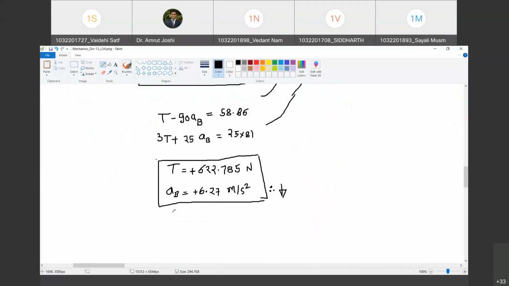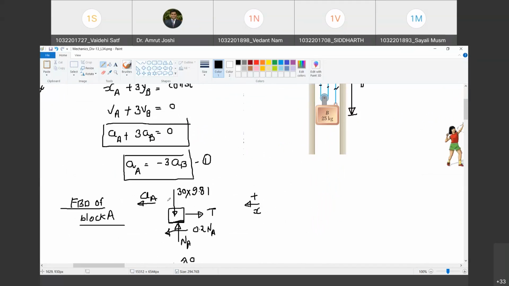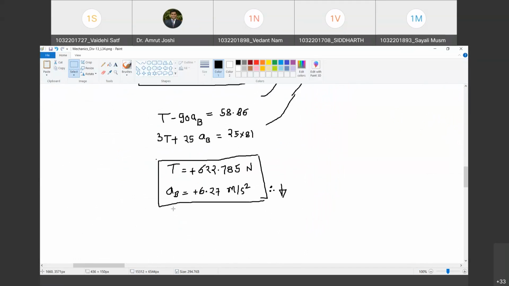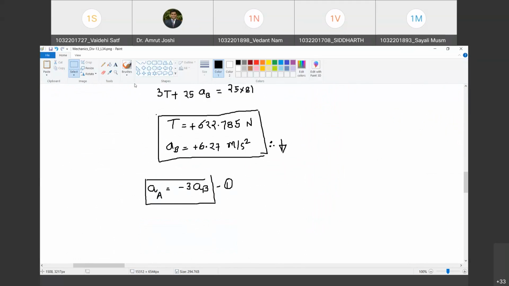Yeah, okay. And now we have to find out acceleration of each block. So we are also going to invoke this equation: AA is equal to minus 3 times AB. So if I substitute AB here, what is the value of AA that I get? AA must be equal to minus 3 into 6.27, which is minus 18.81. Do you agree with me?